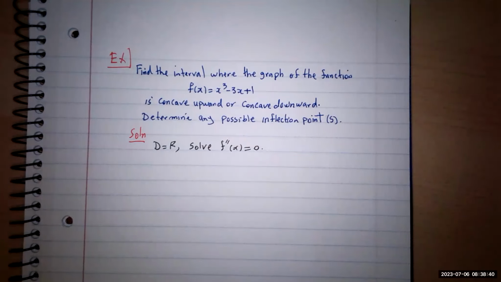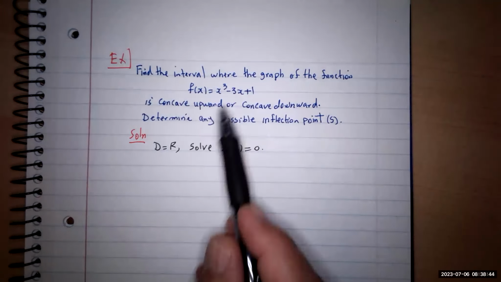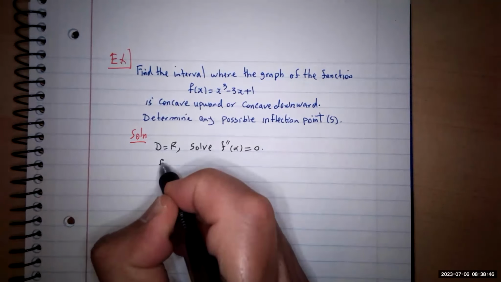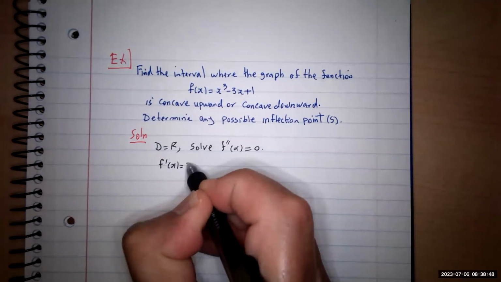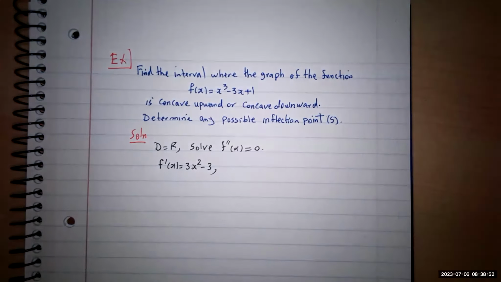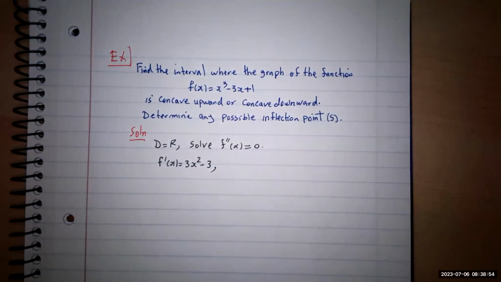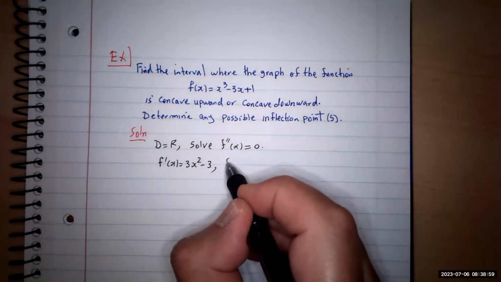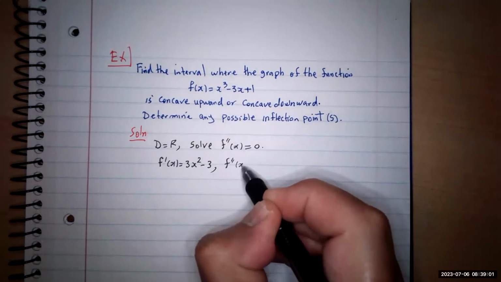Check the derivative. f prime first: you differentiate and get 3x squared minus 3. Don't stop here, continue. Differentiate it again. This is now f double prime, the second derivative.